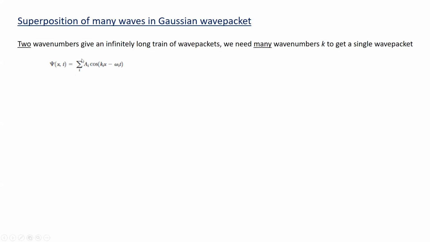Instead of adding up 2, a1 cosine of k1 x minus omega 1 t plus a2 cosine of k2 x minus omega 2 t, we add up a series where a sub i would be a1, a2, a3, k sub i would be k1, k2, k3, omega sub i would be omega 1, omega 2, omega 3, and so forth.